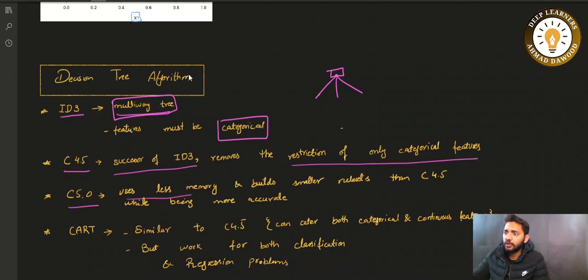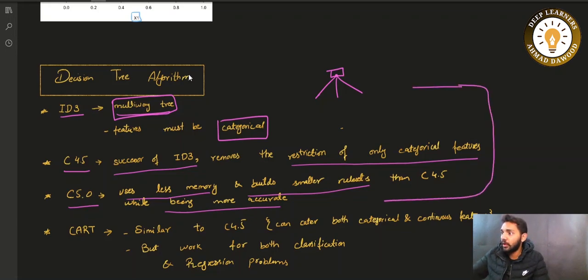You can say it uses less memory, builds smaller rule sets, and is more accurate. It can also work on categorical or numerical independent variables. But these three algorithms that we have discussed, ID3, C4.5, C5.0, all can work for classification problems only.